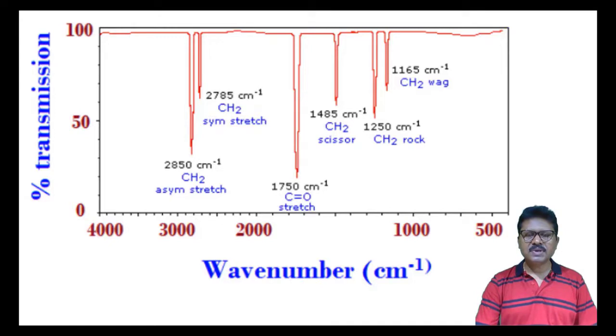Now if we consider the speed of light, it is 3 into 10 to the power 10 centimeter per second. So 3 into 10 to the power 10 centimeter corresponds to a particular number of waves, so 1 centimeter corresponds to a particular number of waves. So the number of waves per centimeter is equivalent to the frequency.